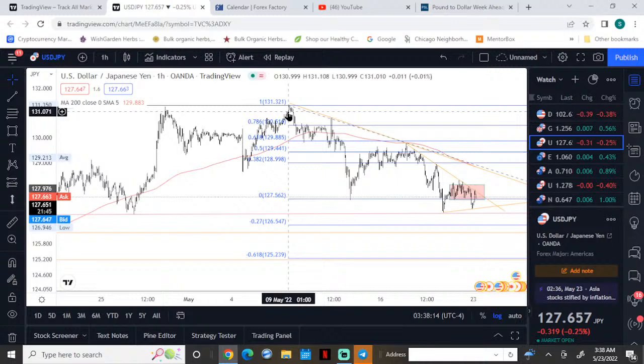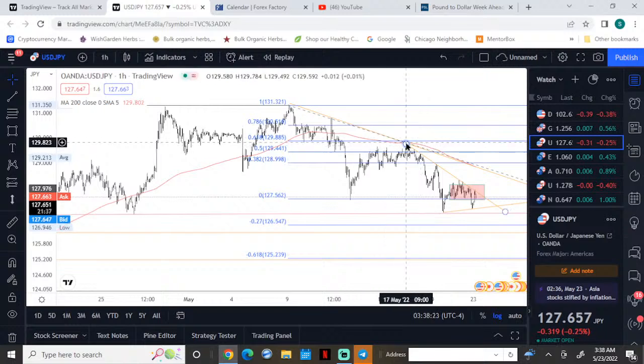It would have been here or here or back up here where it came up and just about tested the 200 and fell almost to that 618.